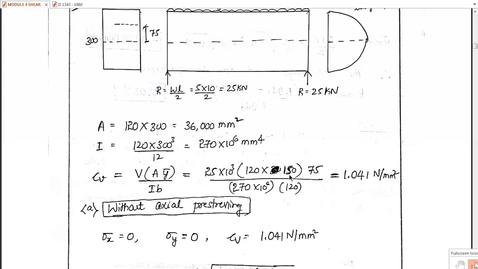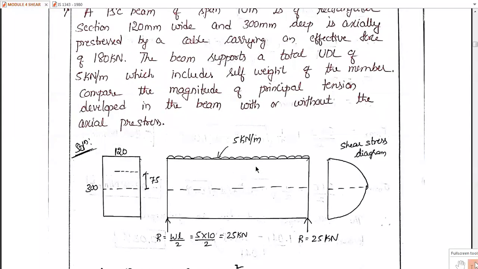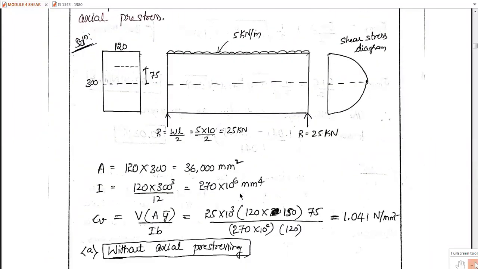120 into 150, because we are told that at the centroidal axis we need to calculate the principal tension. It means that about the centroidal axis we need to take out the area, that is 120 into 150 into y bar.